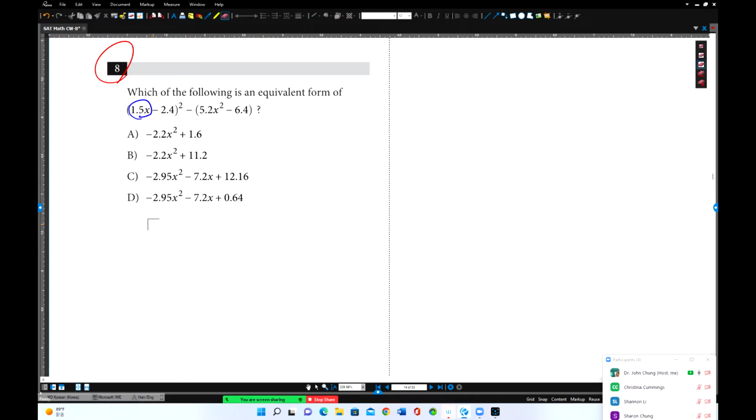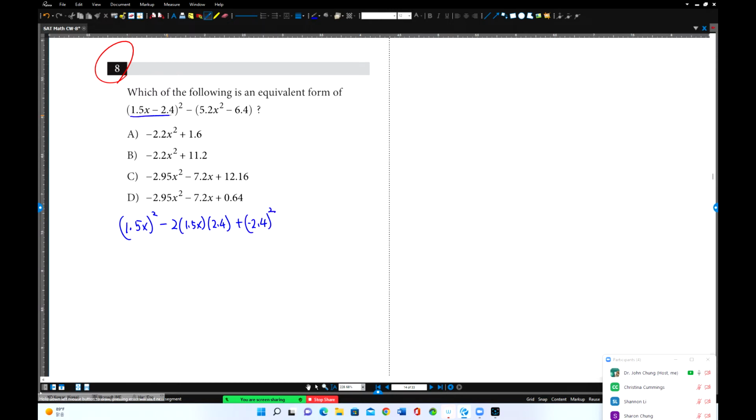Or you can expand all the numbers. Maybe you can expand this one. 1.5x squared is the first term, minus 2 times 1.5x times 2.4, because we can use a calculator. It doesn't matter if it's decimal or not. The third is negative 2.4 squared.